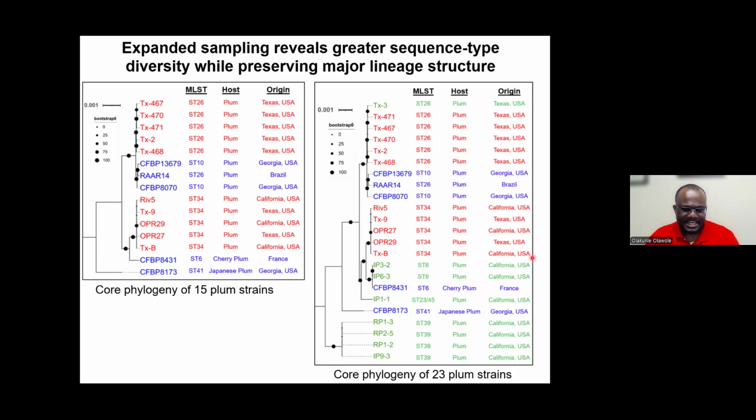And one of the things that we quickly noticed was that the addition of these new strains introduced new sequence types from California. Based on what we found initially, we had thought all of our California strains were restricted to the ST34.